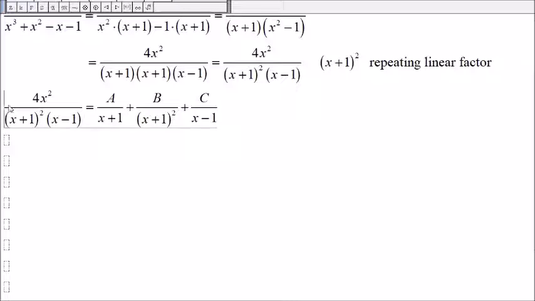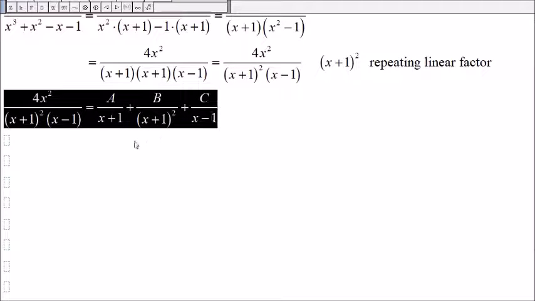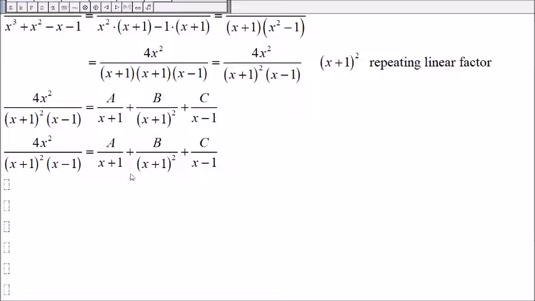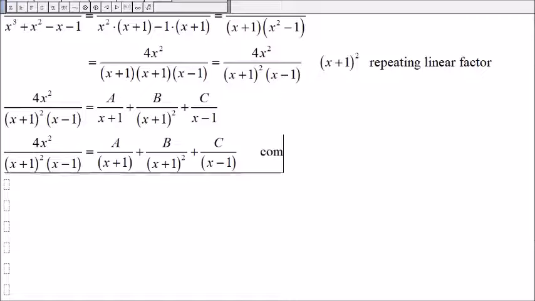And then we just have to find the common denominator for the right side. And so for this one, to get the common denominator, let's write this common denominator.